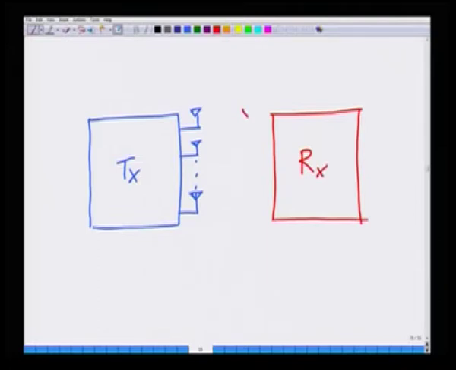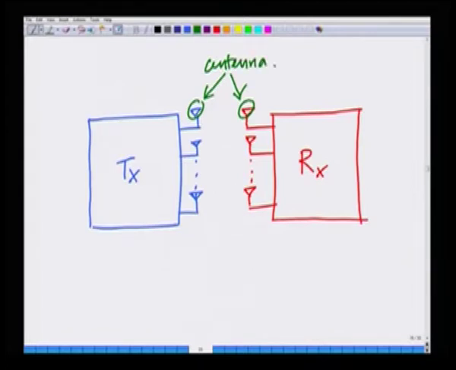This I will abbreviate as RX, and I have multiple antennas. Each of these triangular elements represents an antenna, and the transmit block has multiple antennas. The receiver block has multiple antennas.